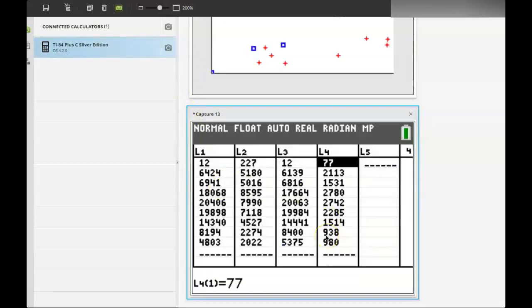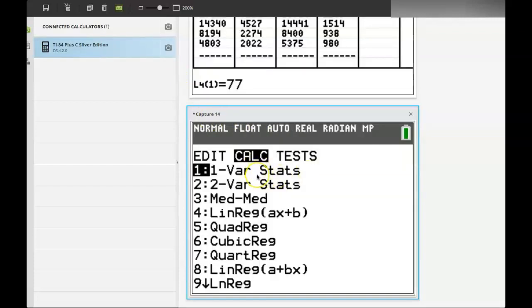So we have all these data. And then press stat. Okay, good. Now choosing number 4, enter.